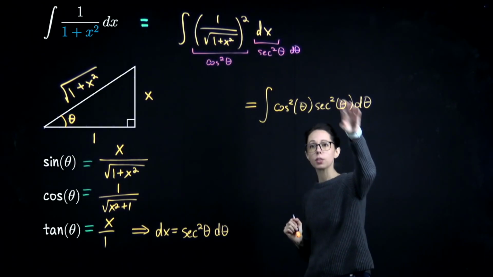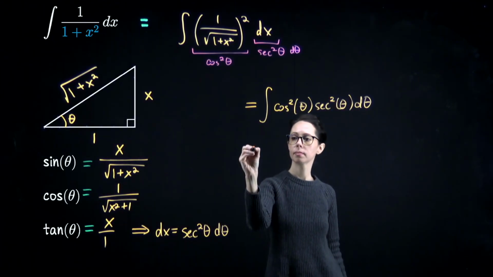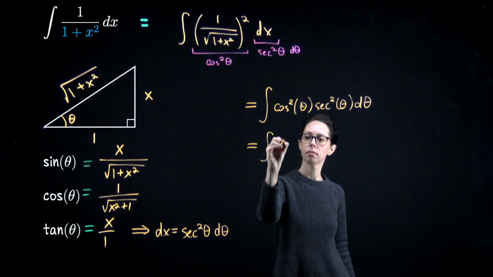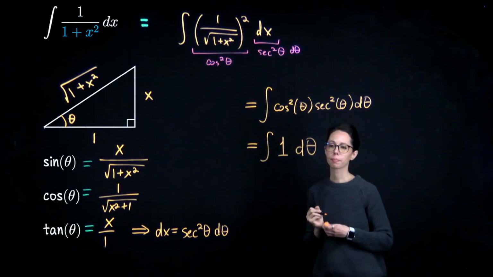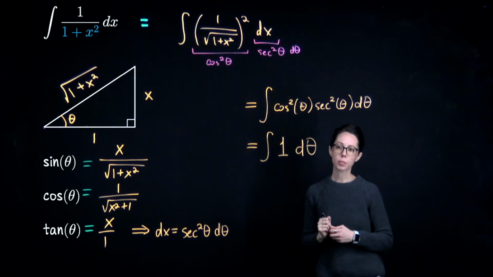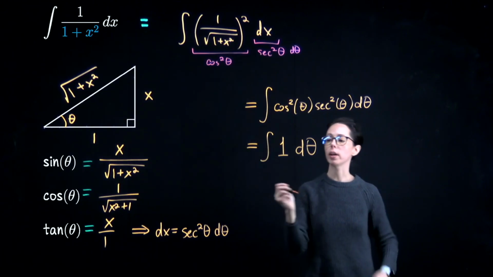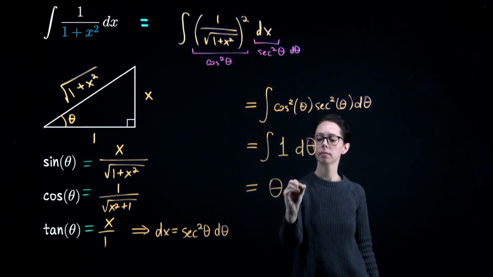Secant squared is 1 over cosine squared, so you take the product of those and you're left with 1. Now let's antidifferentiate that with respect to theta. The antiderivative of 1 is going to be theta plus a constant of integration.